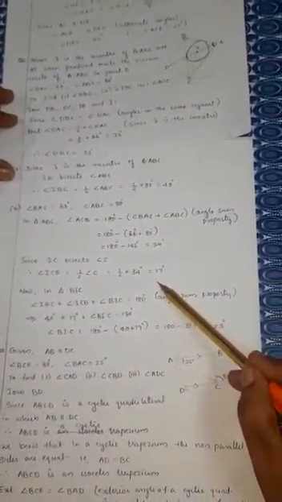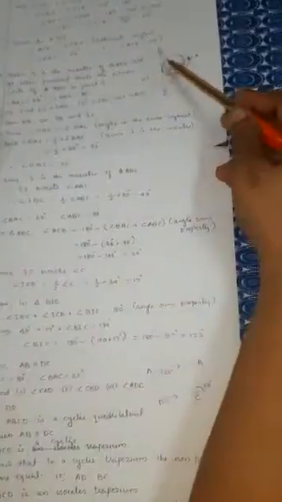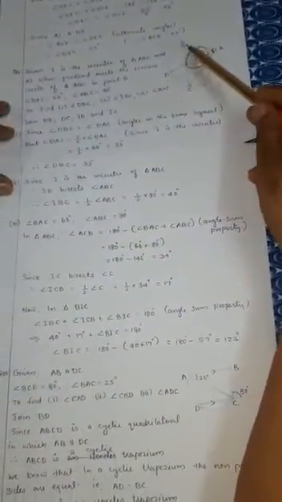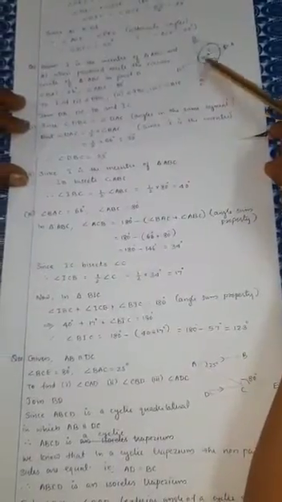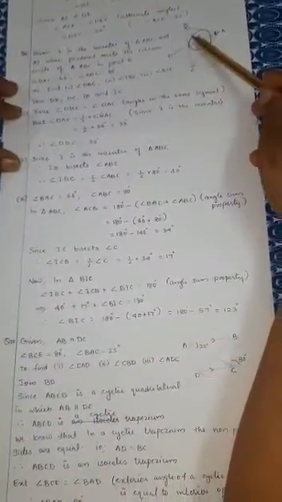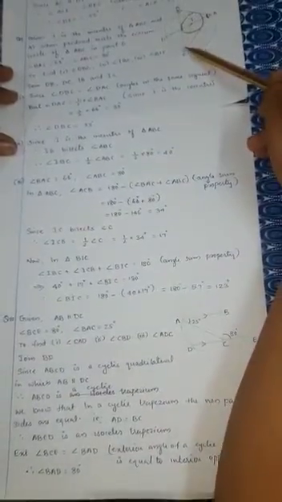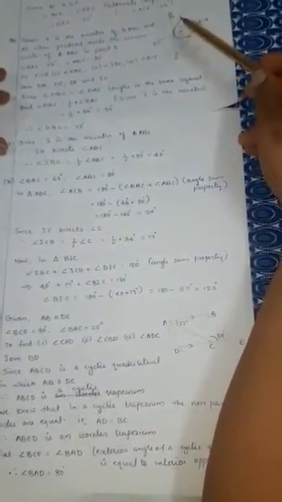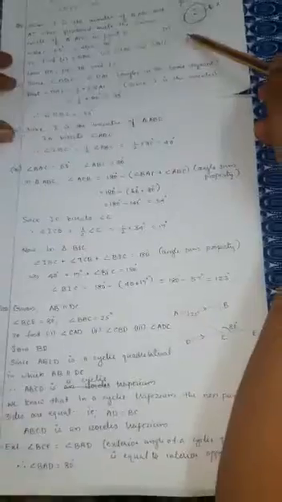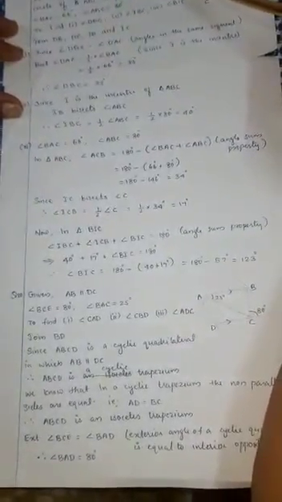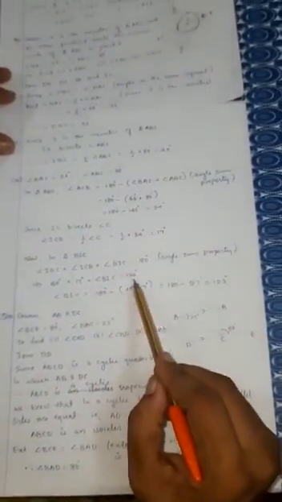Now, in triangle BIC, angle IBC plus angle ICB plus angle BIC equal to 180 degree, angle sum property, which implies that 40 degree plus 17 degree plus angle BIC is equal to 180 degree.